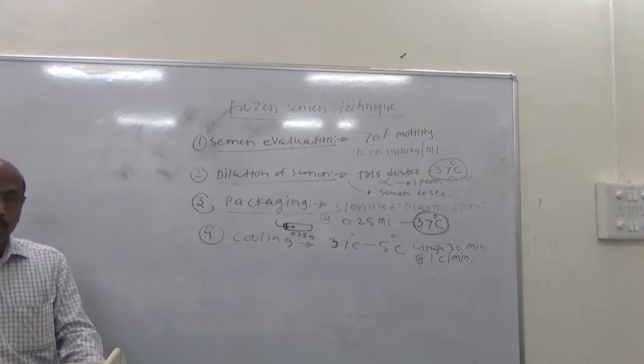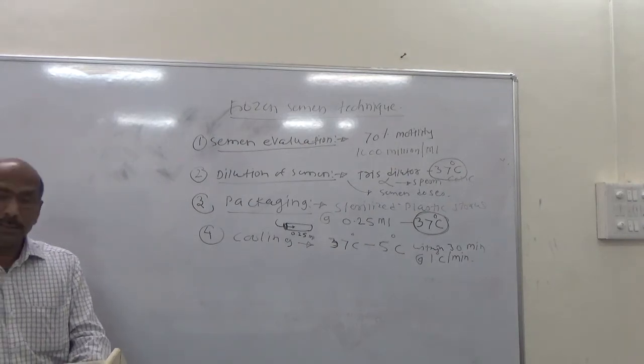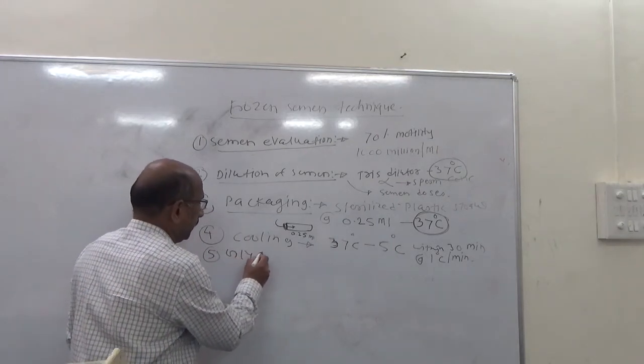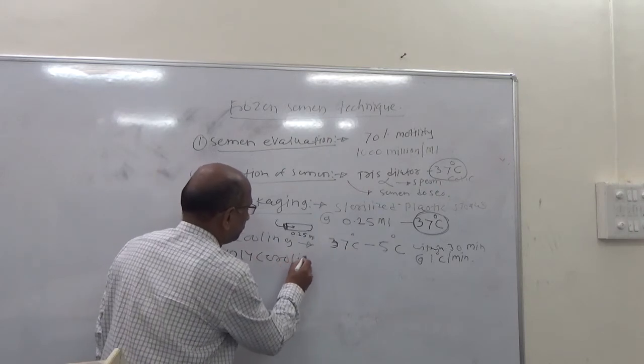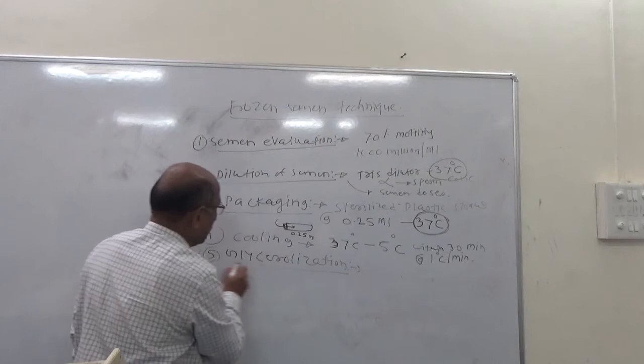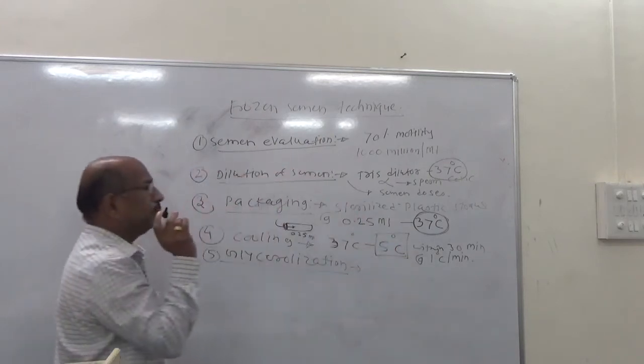After cooling from 37 to 5 degrees centigrade, the next step is equilibration. Here the temperature is 5 degrees centigrade.